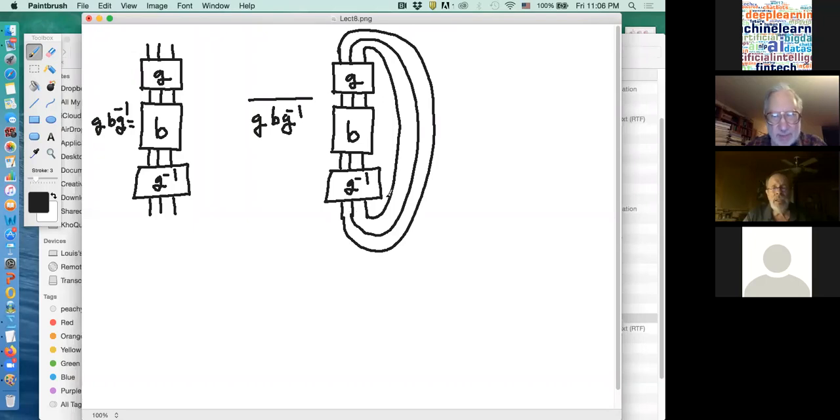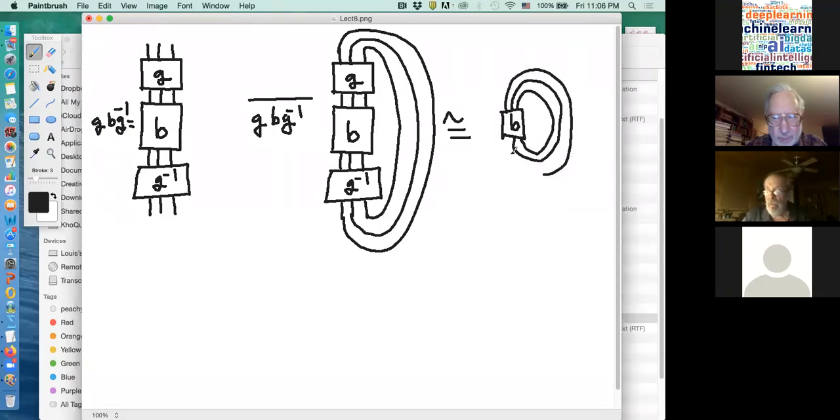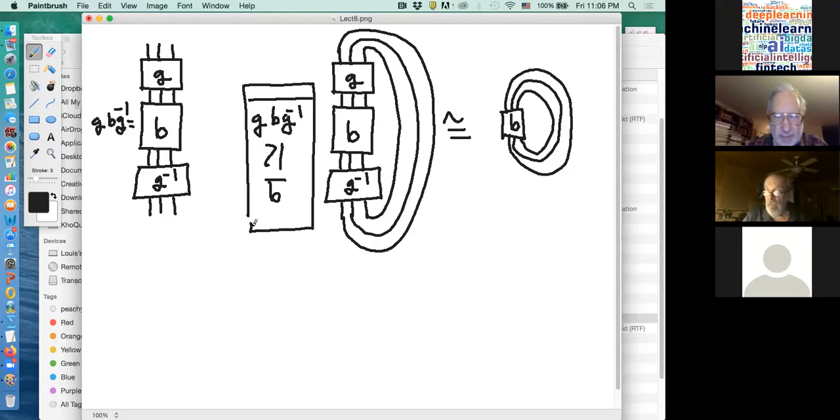You see what happens is that the G and the G inverse can slide right up into one another, and then they cancel out because they are inverses, so this is isotopic to the closure of B. So we have that G B G inverse closure is isotopic to B closure. And this is one way in which many, many braids can close to the very same object. So there's a many-to-one relationship in closure from braids to knots.